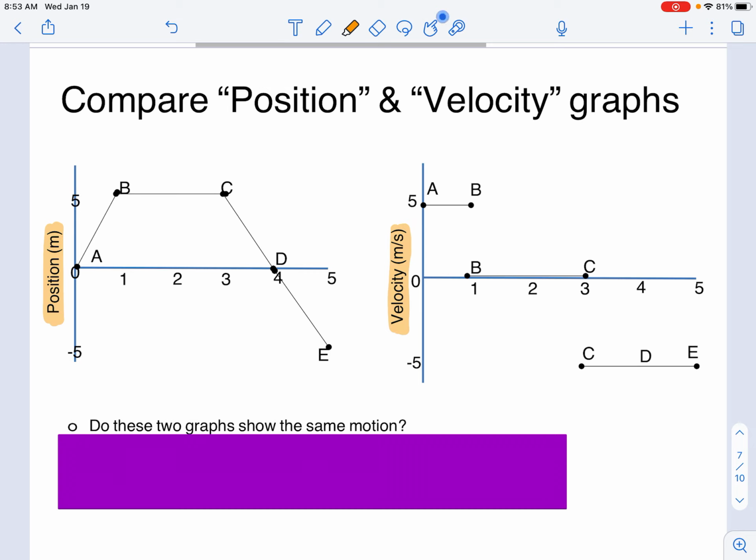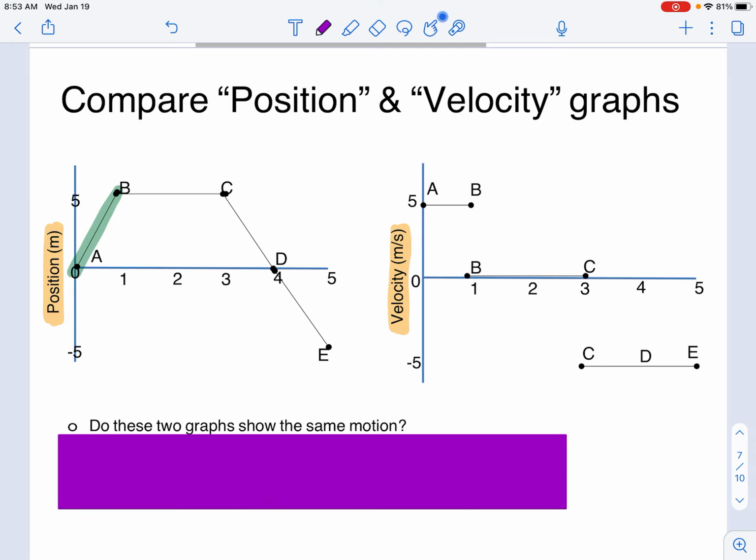So we're going to look at this graph one segment at a time, and I'm going to show you how it does indeed show the same motion. We'll start off with this very first segment, segment AB. Since we know the graph on the right is showing us our velocity on the y-axis, I'm really just going to talk about velocity on the position-time graph.